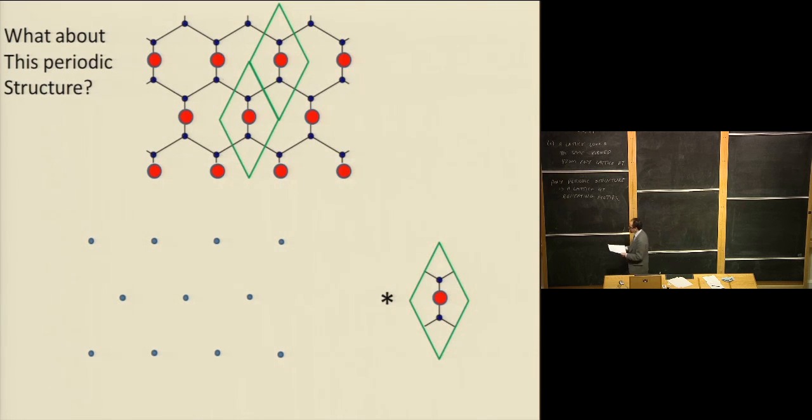So that brings us to another very useful definition, which is a unit cell. Unit cell equals a region of space. It's the repeating motif.